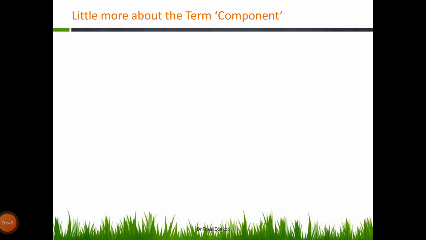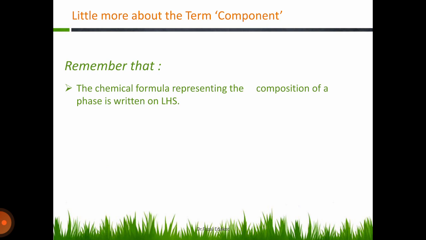When it comes to a mixture of substances, how do we understand how many components are there? Remember that the chemical formula representing the composition of the phase is written on the left hand side. So you should understand, when we are discussing a mixture, how many phases are there.